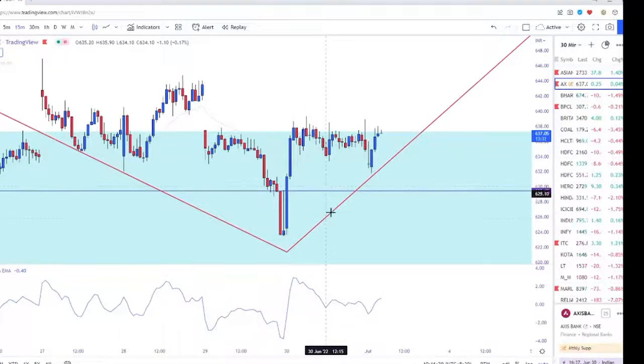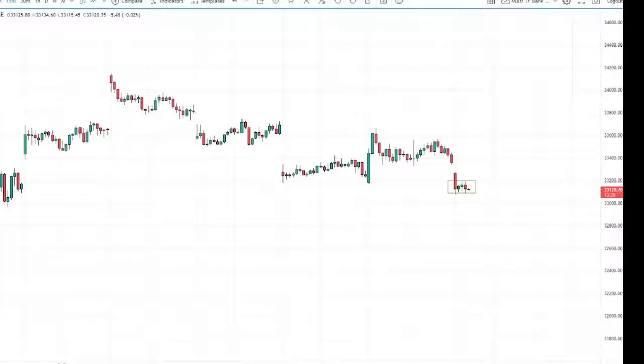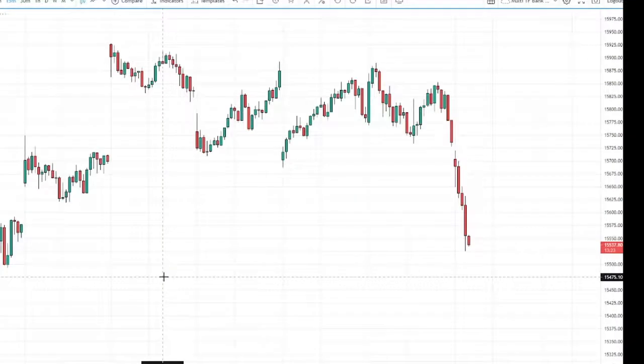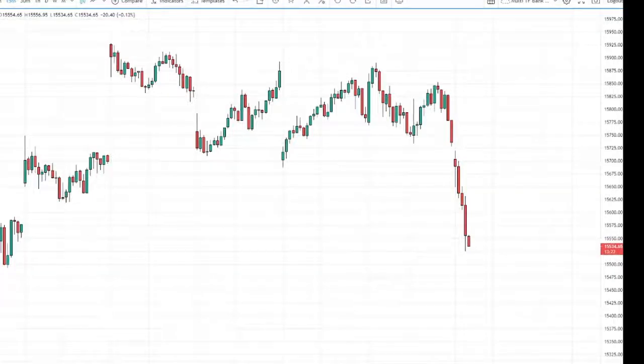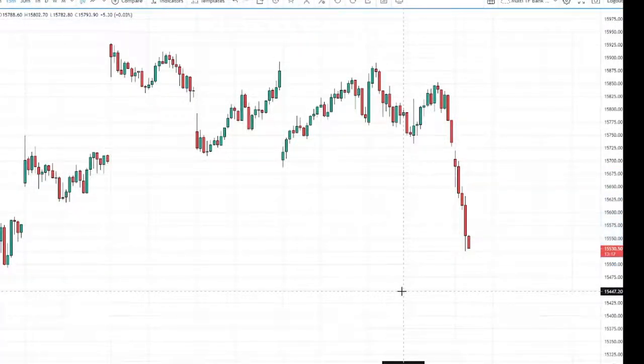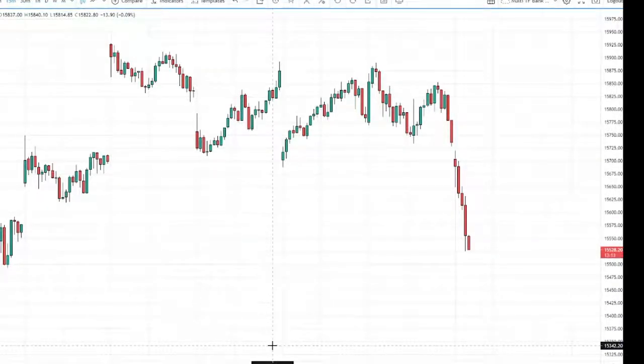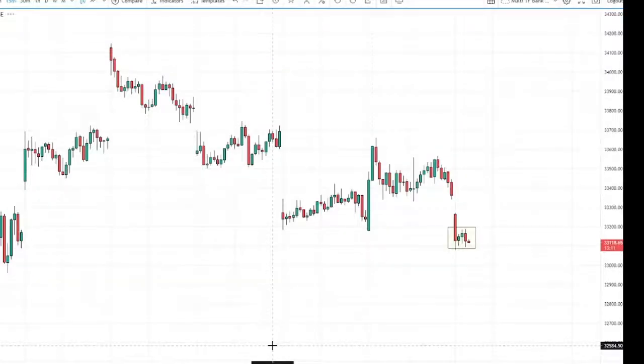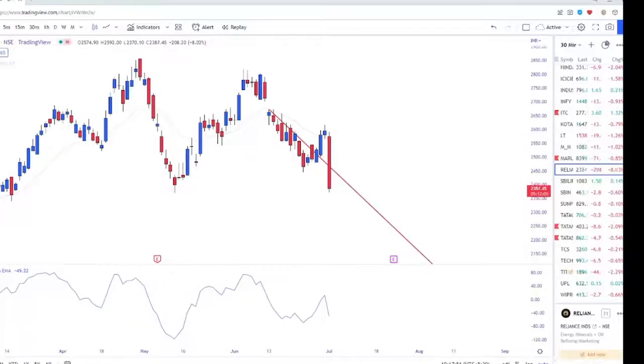Even when Bank Nifty is sideways, Axis Bank is bullish, which is great for us. And Nifty has been falling continuously. So overall Nifty is falling down, Bank Nifty is going sideways, and Axis Bank is bullish. That's the overall view, so we are okay with holding the position we have taken.